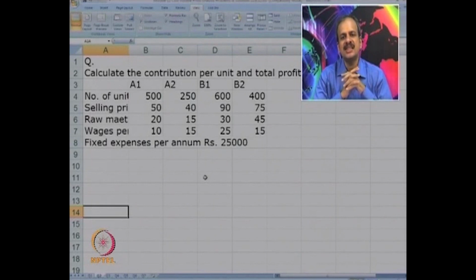Now from this we have to calculate the product wise contribution and also the total profitability. So how shall we proceed?